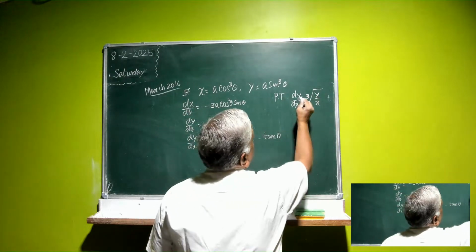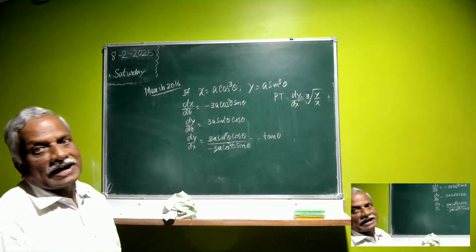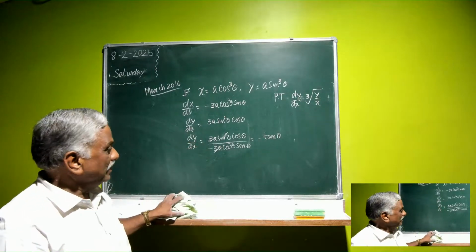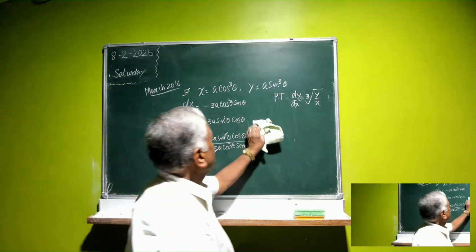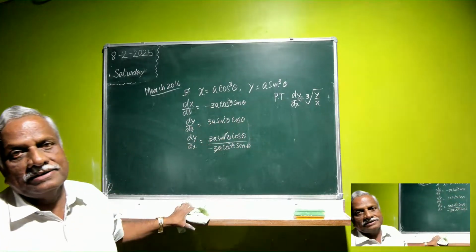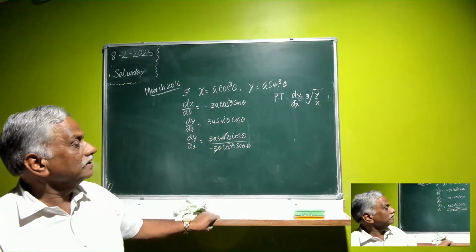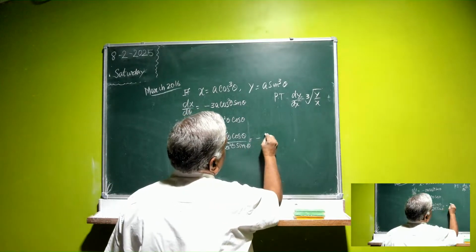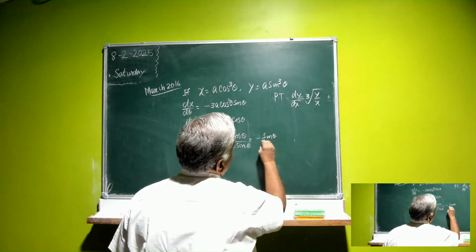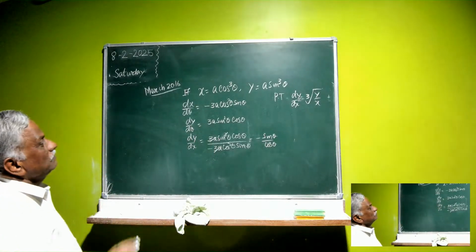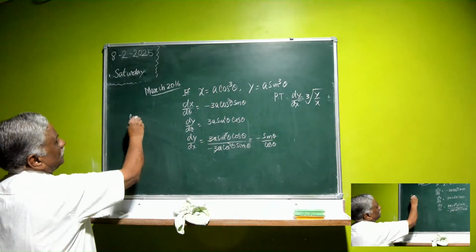Very, very tricky question. We are getting tan theta, but they want a different answer. Therefore, we should not write tan theta. Always look at the solution that you need. What we have got is minus sin theta by cos theta.